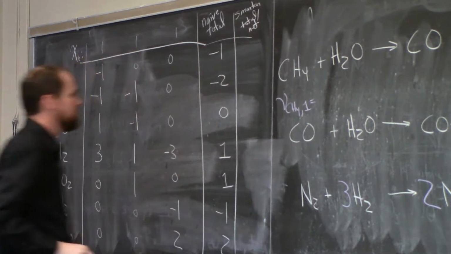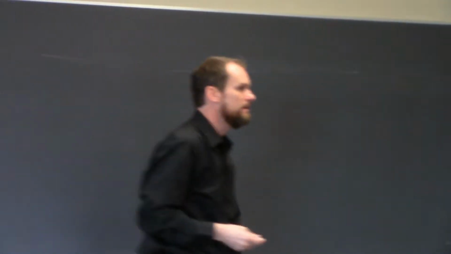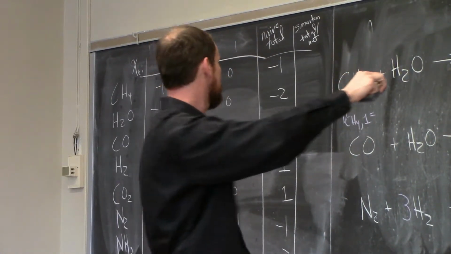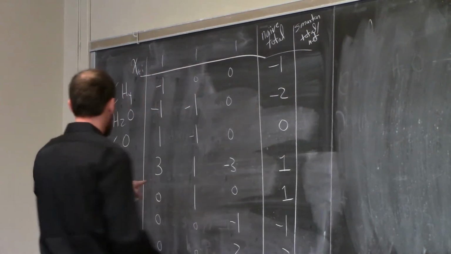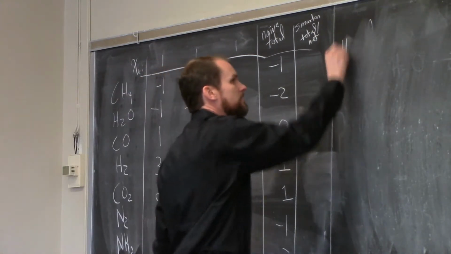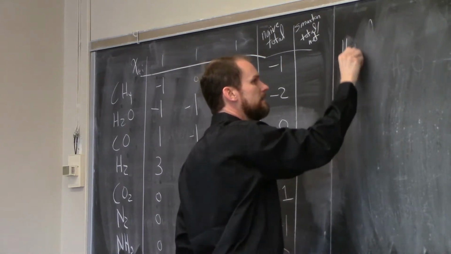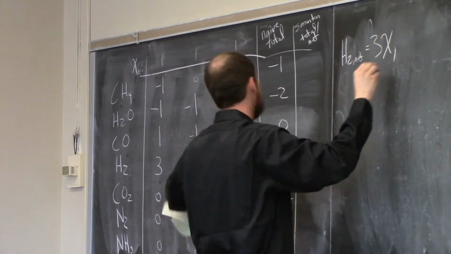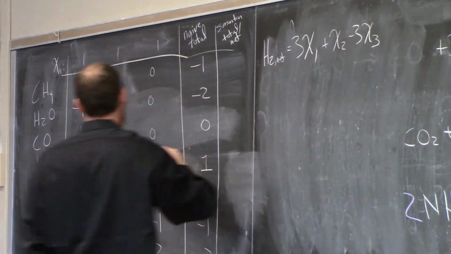Net. Okay, so what would I do? I can do some math to figure it out. Anna pointed out, why do we even have hydrogen? We shouldn't have hydrogen. Well, we can get rid of the hydrogen by using our equation there. I have to kill this. So the hydrogen net is going to be 3 times Chi1 plus Chi2 minus 3 times Chi3.